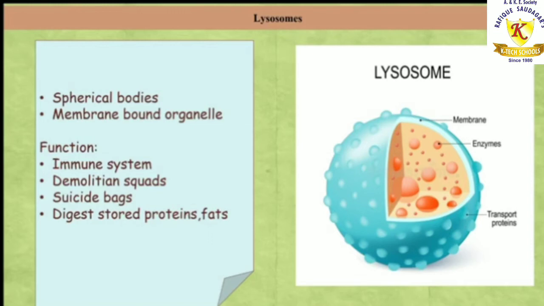Suicide bags: when a cell becomes old or is damaged, lysosomes burst and enzymes digest their own cell. And during starvation, lysosomes digest the stored proteins, fats, etc. So, these are the functions of lysosome.